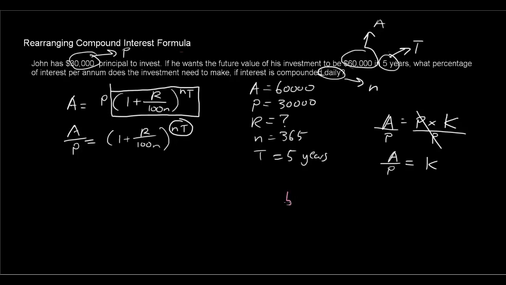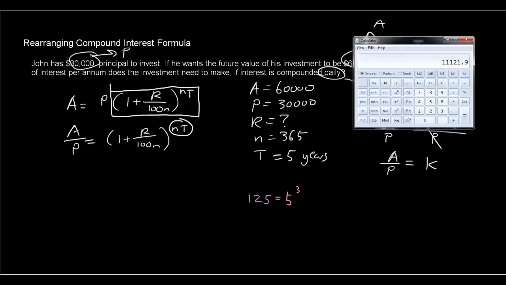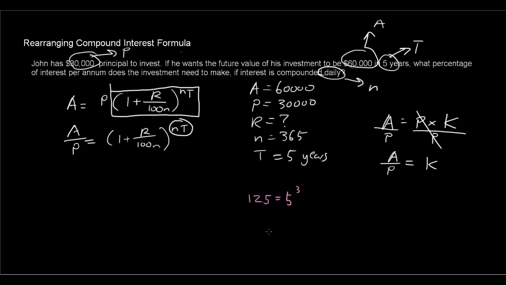Let's say 5 to the power of 3 is 125. Alright, so you can try that if you don't believe me. 5 to the power of 3 is 125.